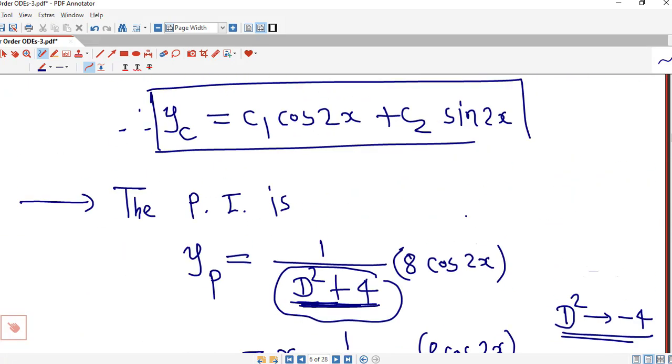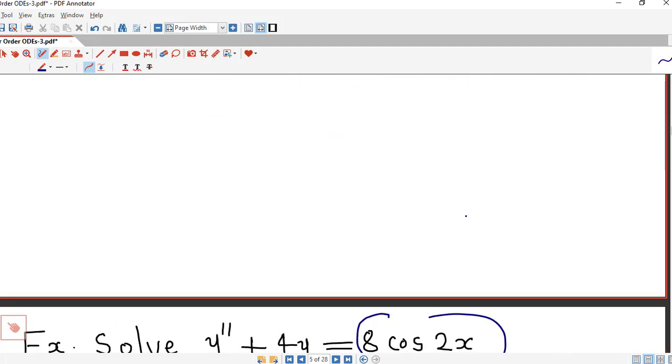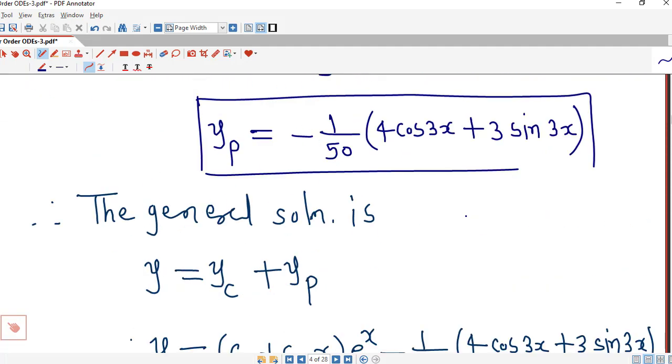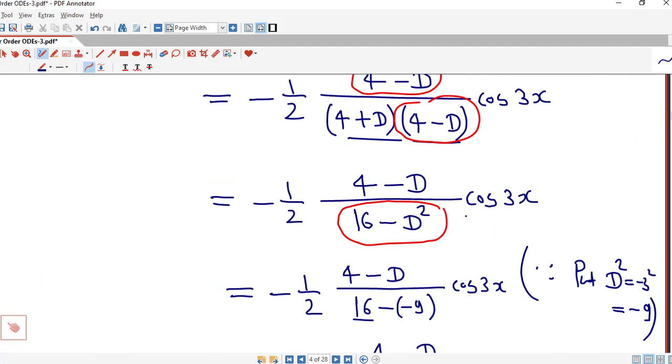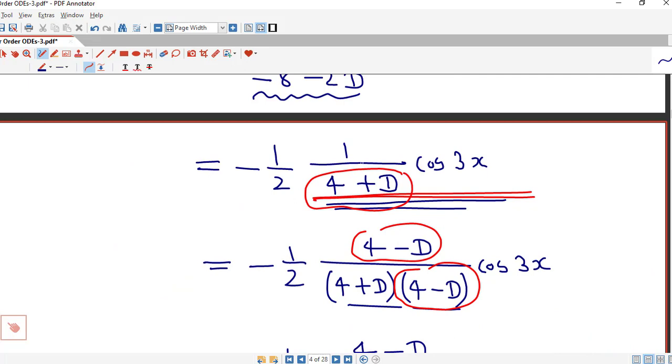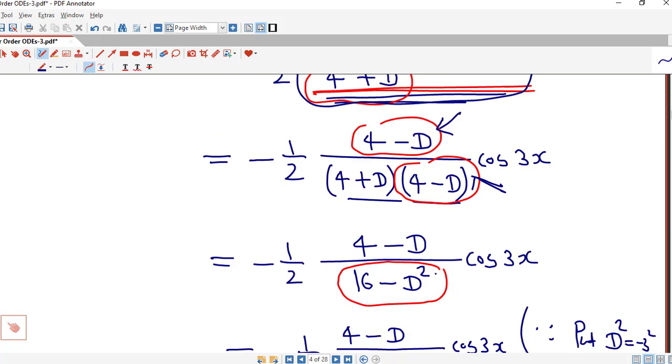Let me explain again. In this problem, here we can see there is no d square. In 1 upon 4 plus d, there is no d square. So we have multiplied and divided by 4 minus d, so that we have obtained d square here, and then we have replaced d square by minus of a square, that is minus 9.